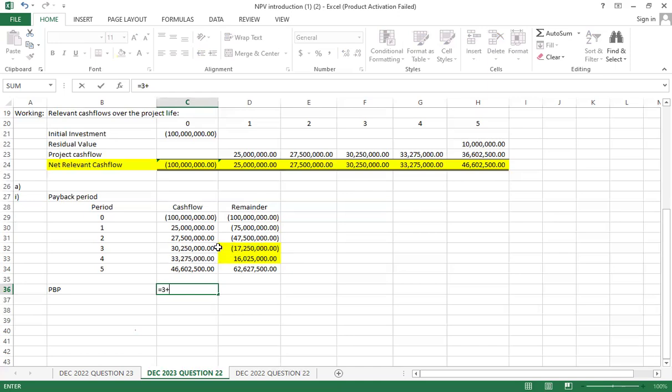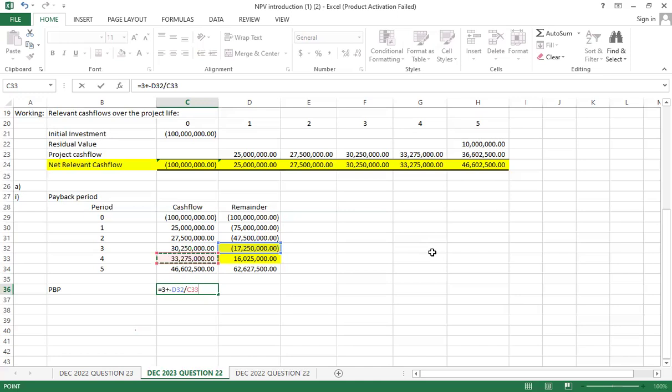I want the fraction of this 33 that we recover in year 4. I must make this 17 a plus first. How do I make it a plus? It's a negative, so make it a plus by putting minus before it, and divide by this 33 million for year 4.